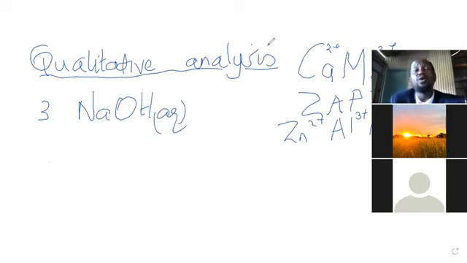The other example was the converse of such a test in the 2007 KCSE chemistry paper 3. There was addition of sodium hydroxide to a sample, and to that sample a brown precipitate was formed.